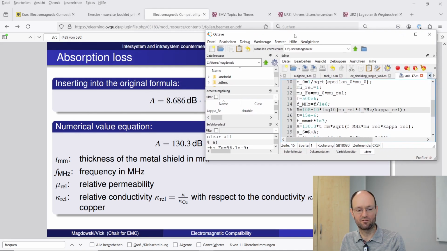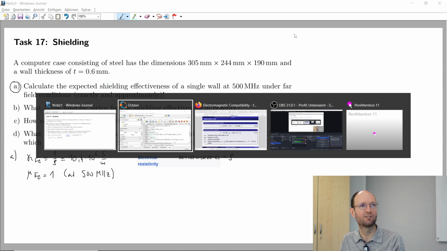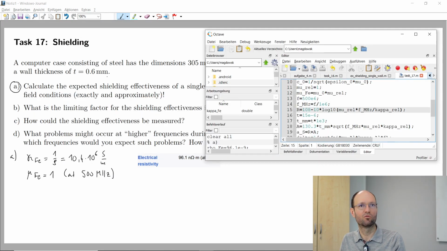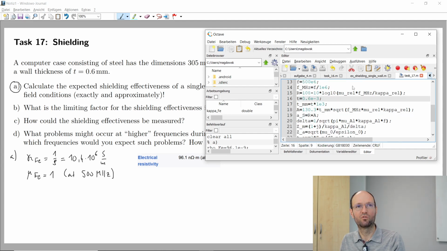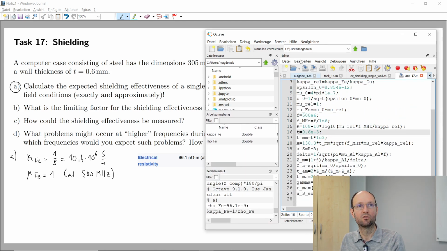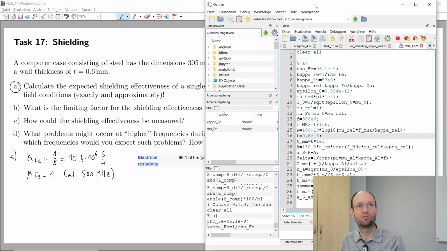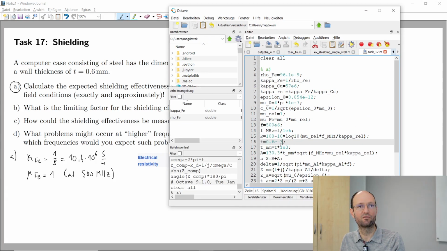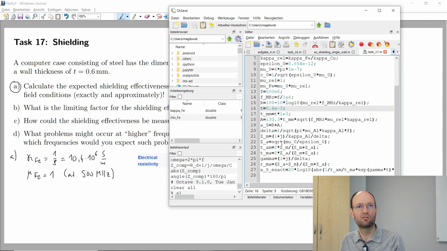And the thickness, according to the task sheet, is 0.6 millimeter. So 0.6 and milli is 10 to the power of minus 3. And so this should be the approximative calculation. And so here I think I just need to change all the values from aluminum into iron from the previous calculation.